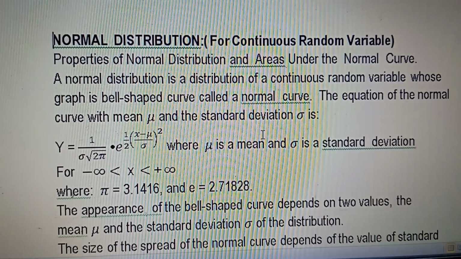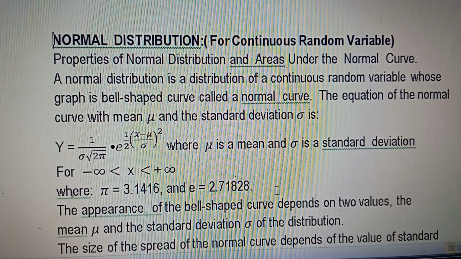So this time I will be talking about the normal distribution. Normal distribution is for continuous random variable. We are done with the discrete probability distribution, and that talks about probability. This one is for continuous random variable.